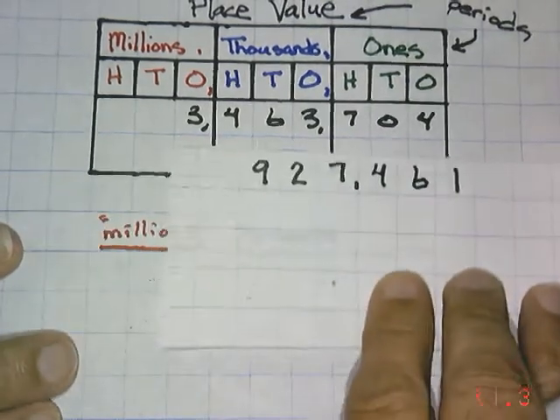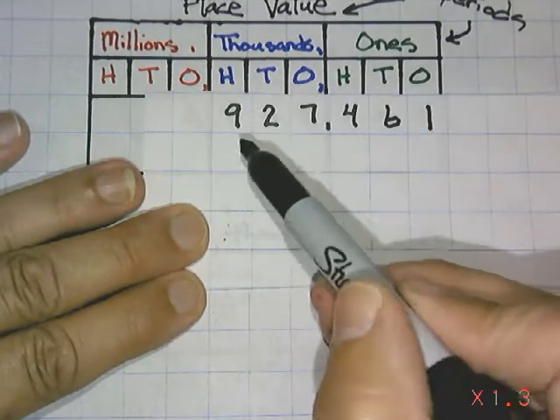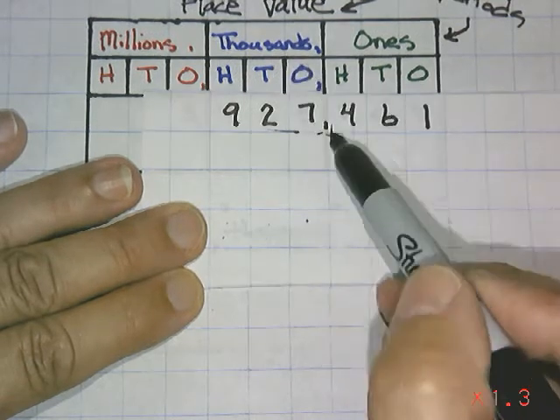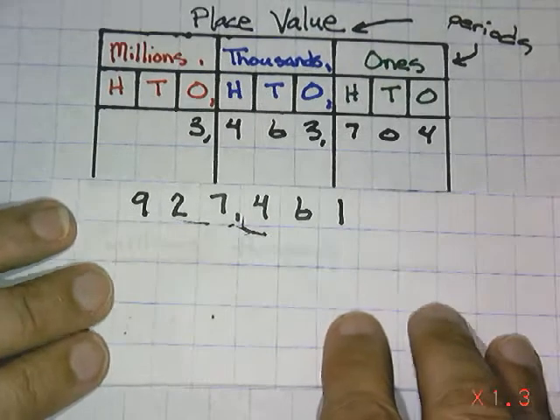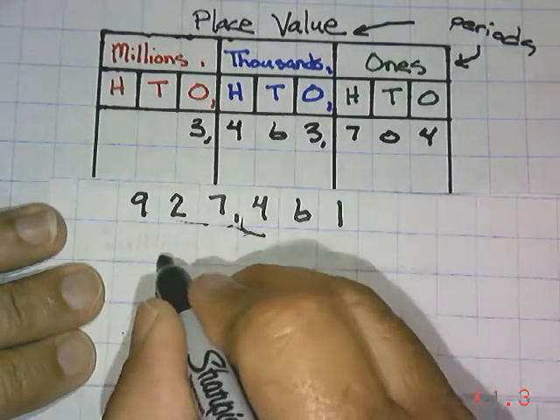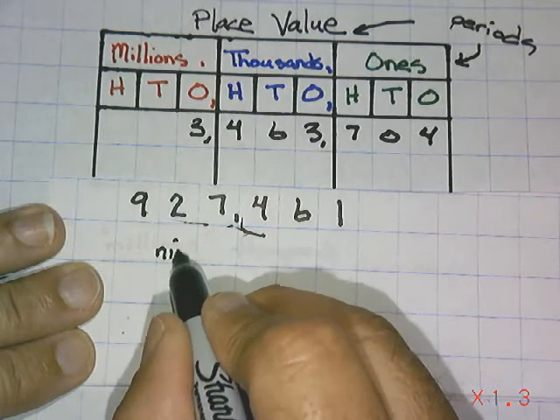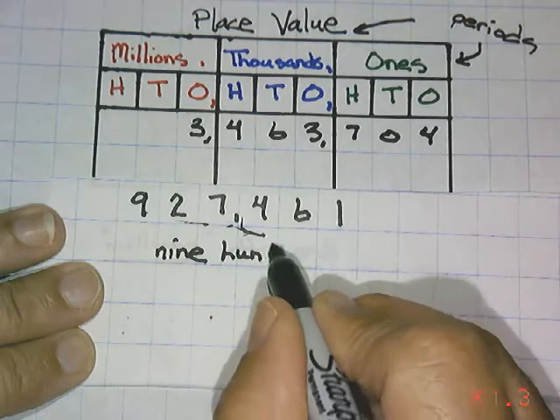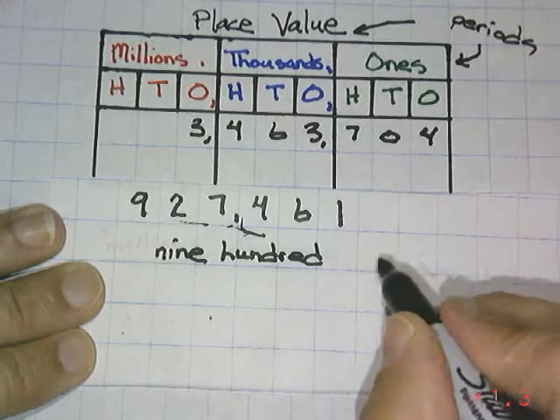927,461. Notice we are in the thousands and ones. The 927 is nine hundred twenty-seven thousand. And yes, this takes a little bit of effort. I got to work on my writing a little bit.